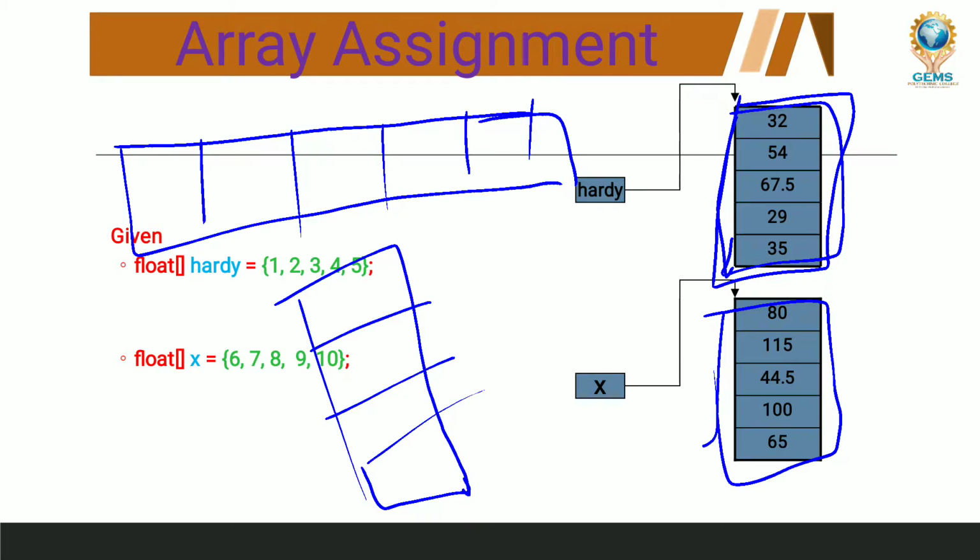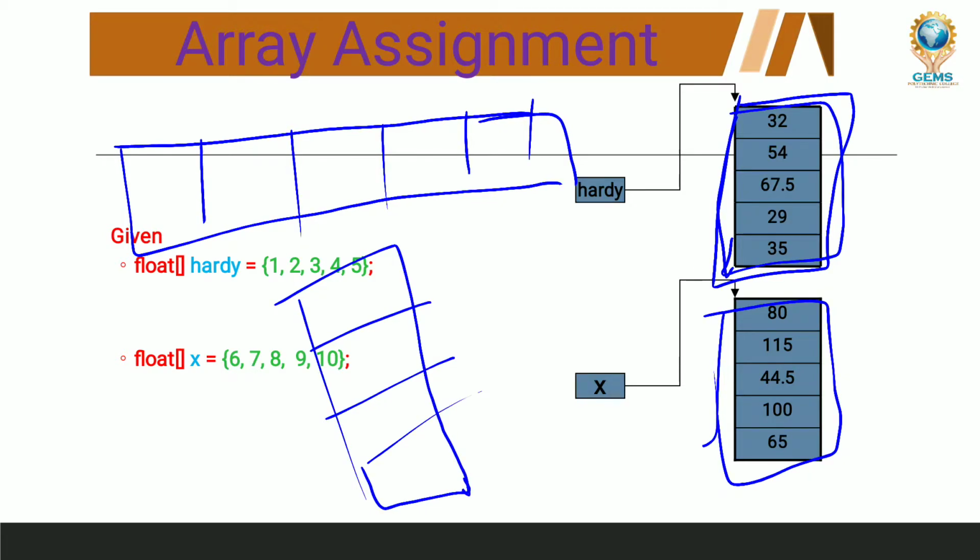It will contain only one horizontal line or one vertical line. If it is like that, this array is called one-dimensional array. Here only one side, no other side. Okay, this is one-dimensional array.